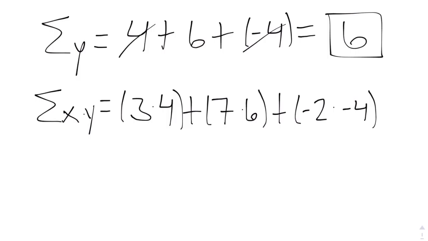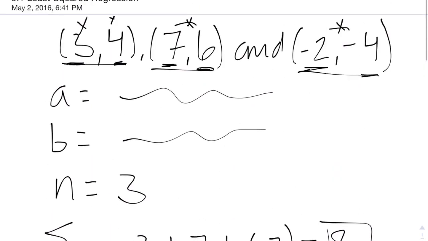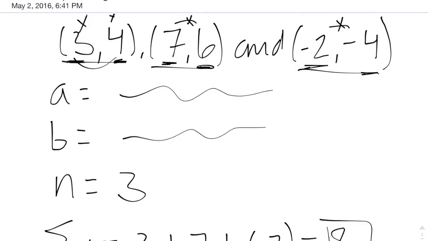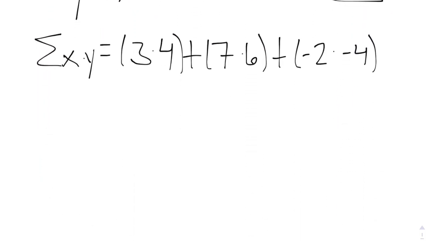Okay? All I did was multiply the x and the y of each point. 3 times 4, 7 times 6, negative 2 times negative 4. That's it. Nothing special. 3 times 4 is 12 plus 7 times 6 is, I don't know, 42. And negative 2 times negative 4 is positive 8.